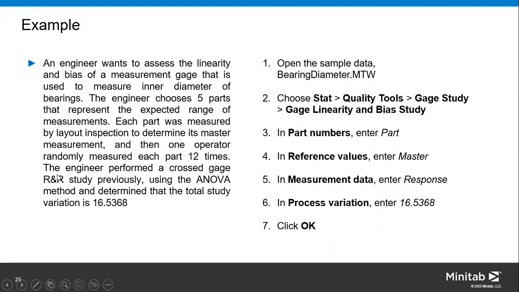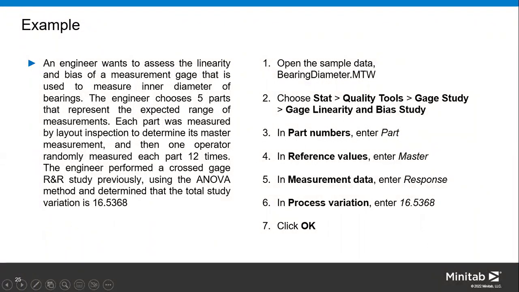So after they run the gauge R&R, they do the gauge linearity and bias. From the gauge R&R result, they will come out with the total study variation. So that's why we suggest you run the Gage R&R, and after that, continue with the linearity and bias study.